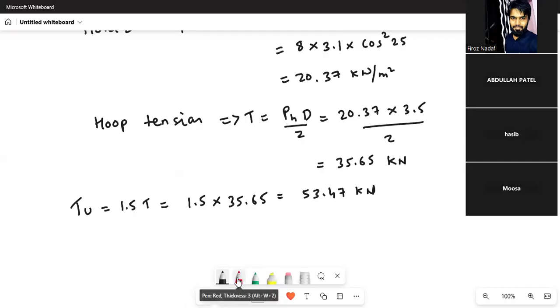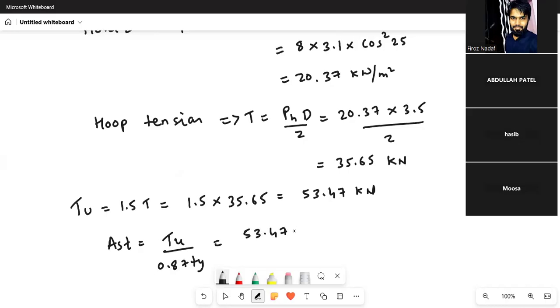Okay, and you know how to find the reinforcement for the direct tension and for the hook tension. We have the formula AST equal to TU divided by 0.87 into Fy. TU is 53.47 into 10 to the power 3 divided by 0.87 into 415.